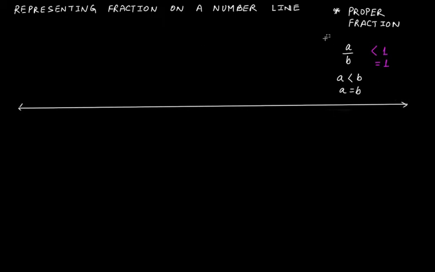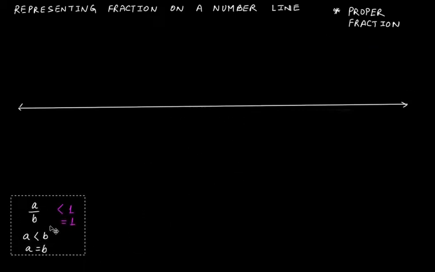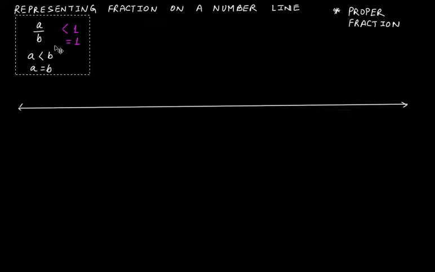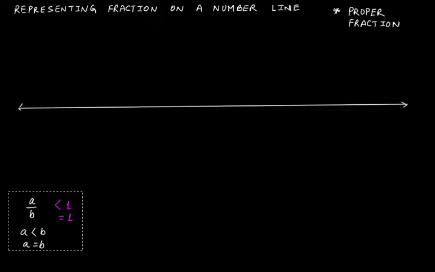Now if our 0 is here, and let's say we have 1 here, we have magnified the length between 0 and 1 for the sake of our discussion.